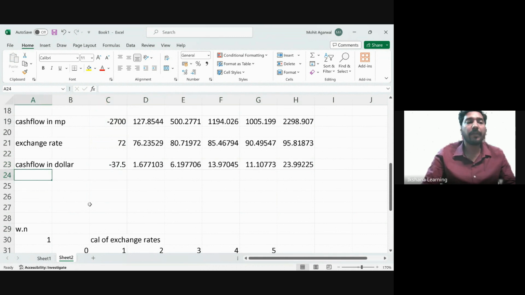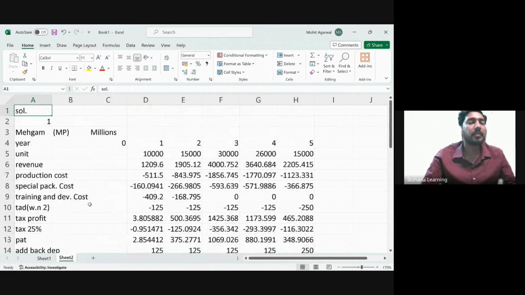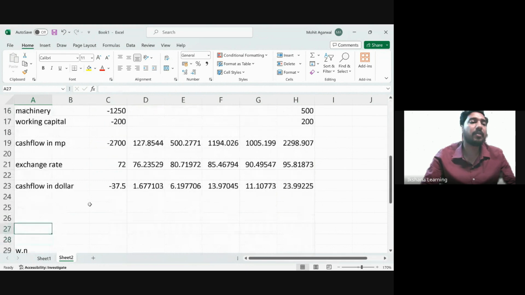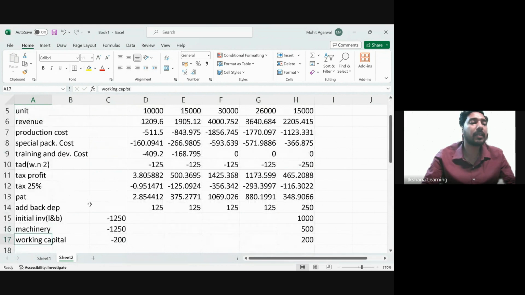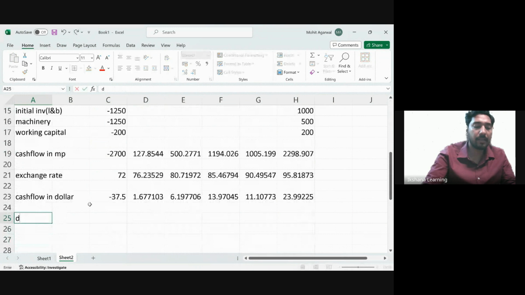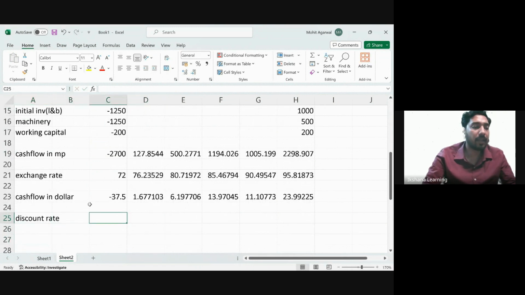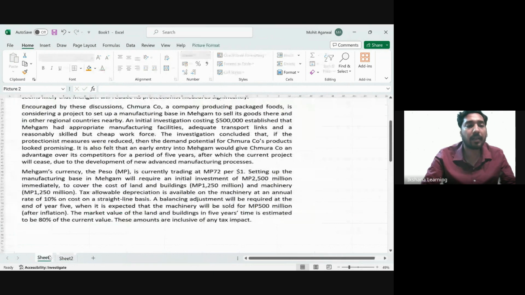Now, do we have any other adjustments like in other portions? Do we have any royalty adjustment? No such royalty or anything adjustment is required here. Let's calculate the discount rate. Let's see whether the discount rate is given or we have to calculate it using gearing and beta concept.